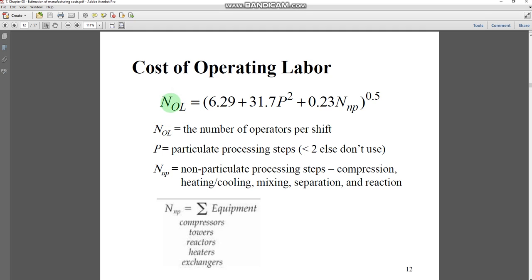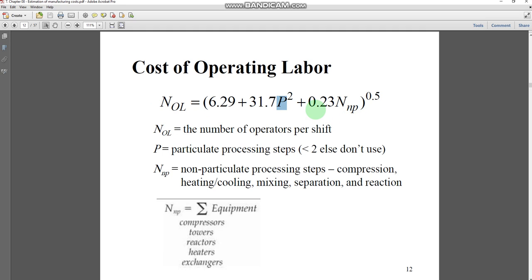Okay, so N_OL, number of operating labor, would be a function of 6.29 plus 31.7 P squared plus 0.23 N_np to the power 0.5. Now here P represents the particulate processing steps. There could be two different types of processes: one process in which there is no solid handling and only fluid handling, and processes in which you are dealing with solids.